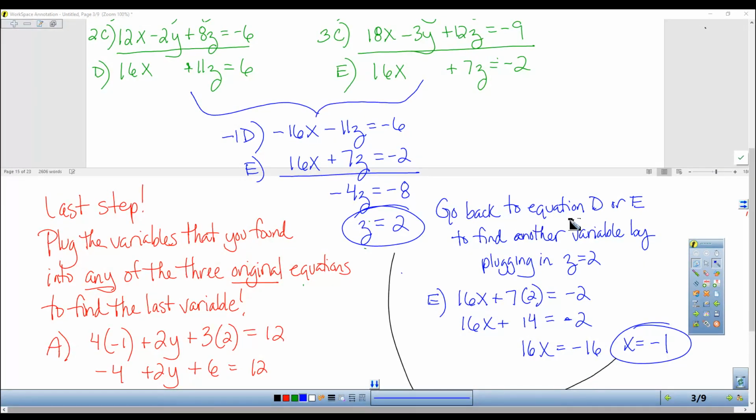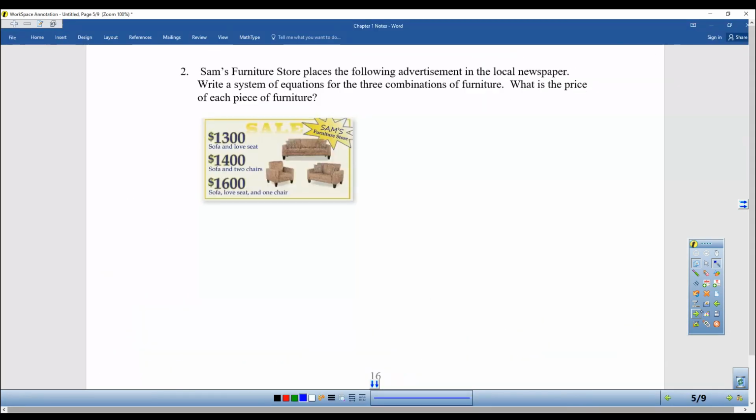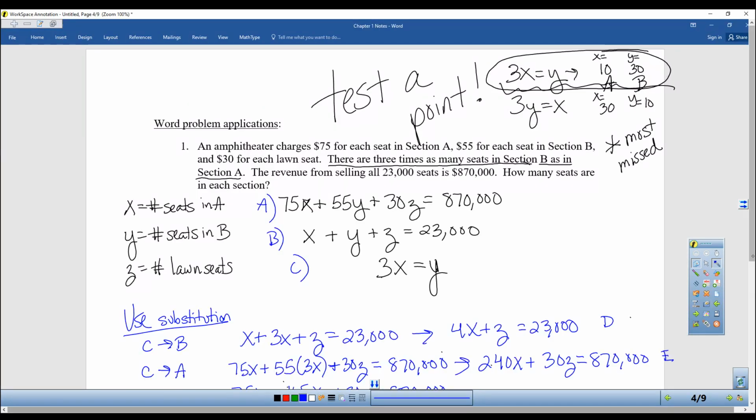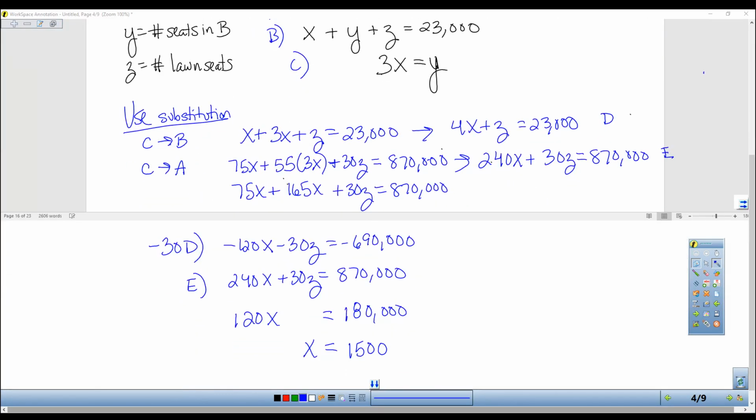We go back to D or E to find another variable by plugging in whatever you got. So in this case, I got the 1,500, and I'm going to plug it back into D or E.